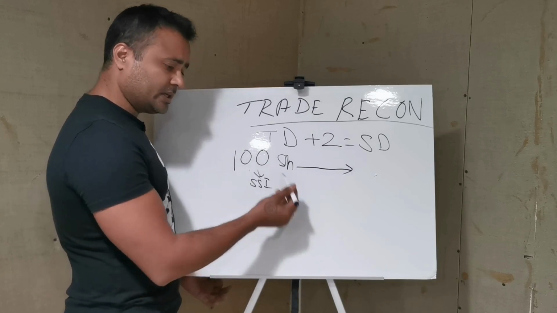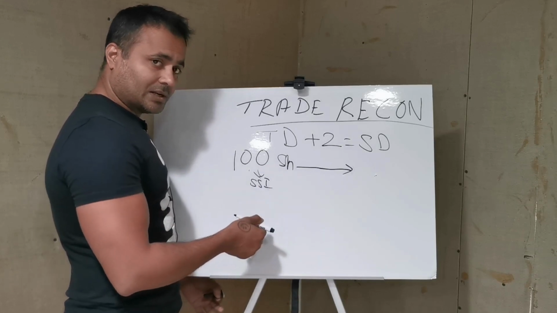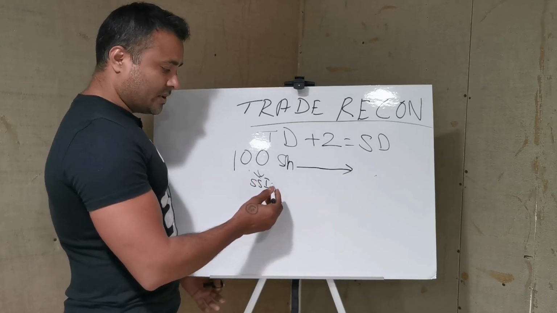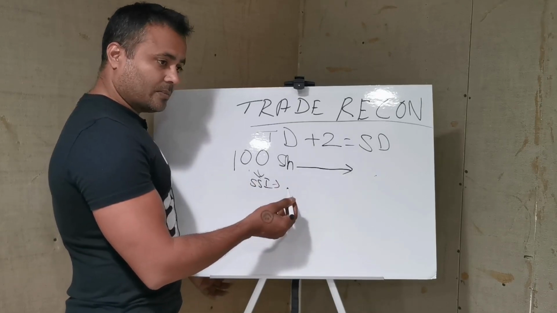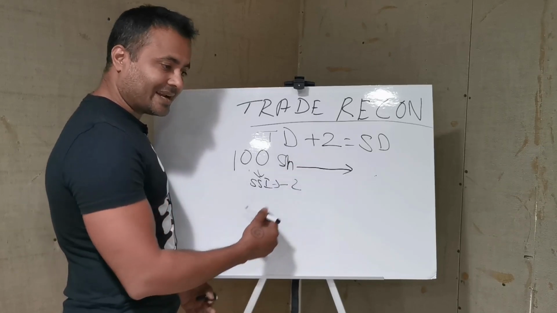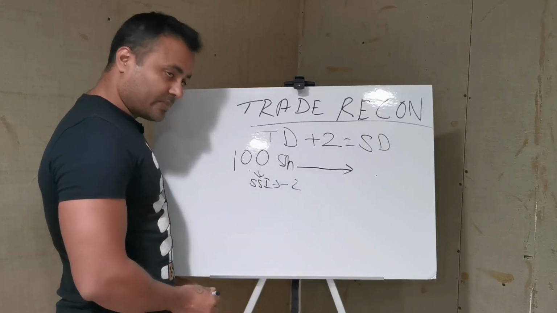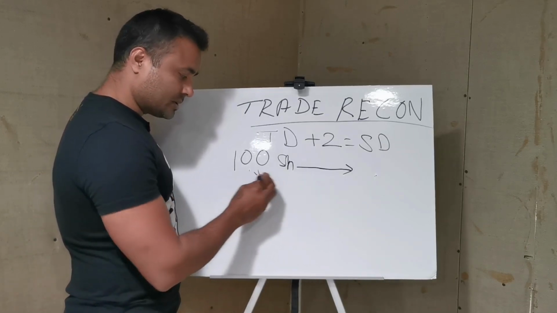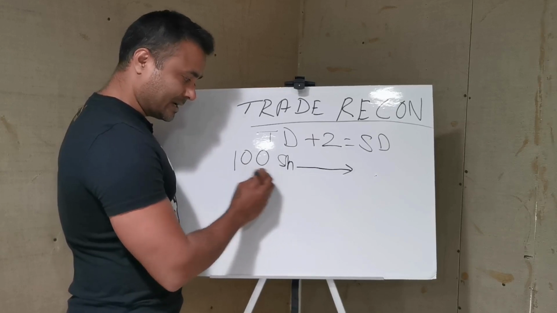They will need all the detail for that 100 shares in the SSI, and it will get confirmed by the custodian in between those 2 days: this trade is matched in the market, and it's good to get settled on the settlement date.